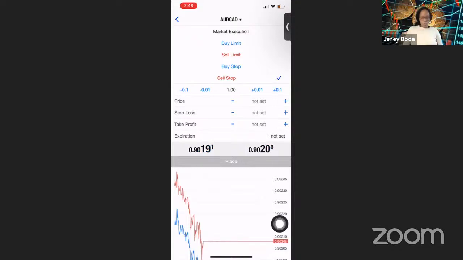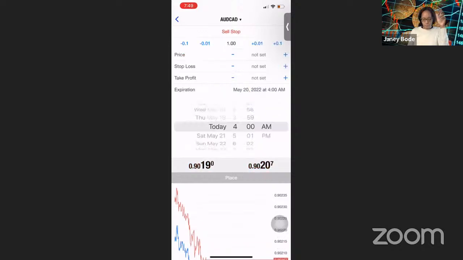So when you do buy limit, and this is so detailed, this is going to be explained under the TBX curriculum that I just showed you. When you're using buy limit and sell limit, you are basically programming your phone to take a trade for you in advance. The zone is not there yet, but you want to make sure that when that zone shows up, you're able to take that trade.